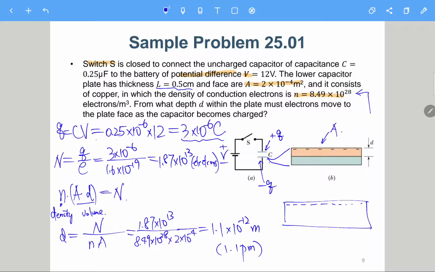If you imagine the radius of an atom, it is about 100 times larger than that. So the thickness of the electrons is very, very short.